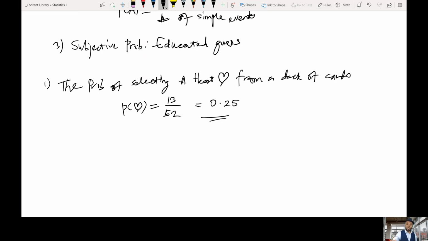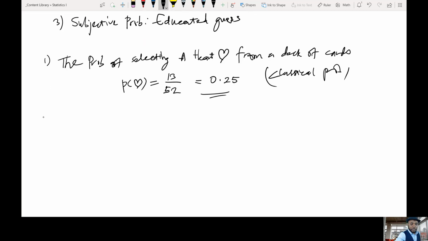So this is classical. There was no procedure that I conducted. Classical probability.